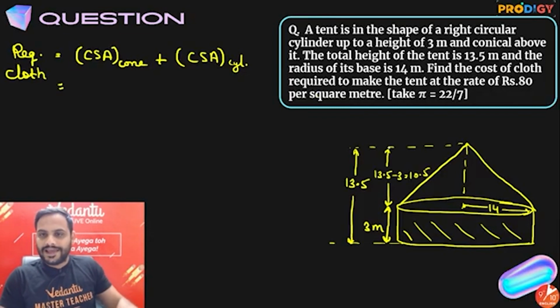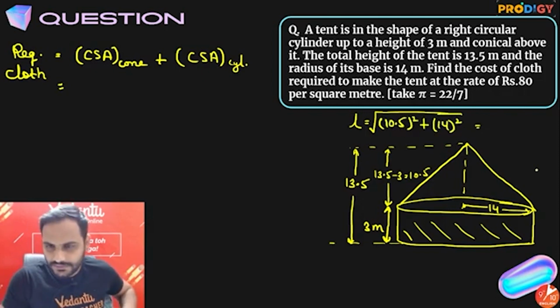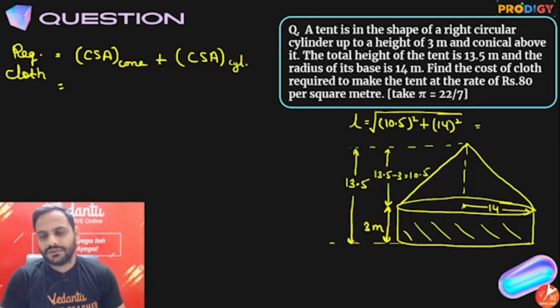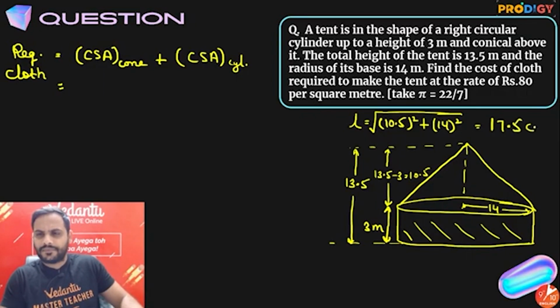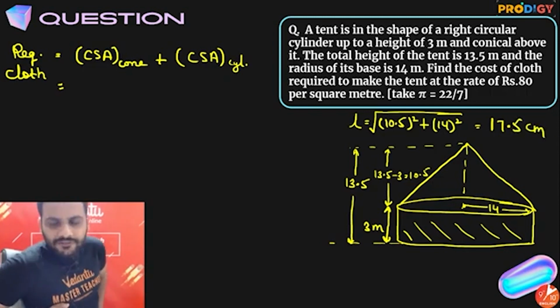Now we have to find out the L. So slant height will be square root of H square plus R square. When you solve it, you get 14 square is 196 plus 10.5 whole square.